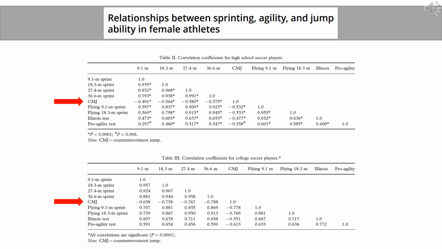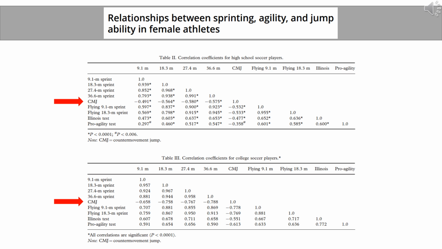But ultimately the counter movement jump, and this is looking at counter movement jump height only as the metric of interest, we can see that we've got moderate to large correlations with how fast athletes sprint, and we of course know how important this is because football players have to do repeated sprints on numerous occasions throughout training and competition.